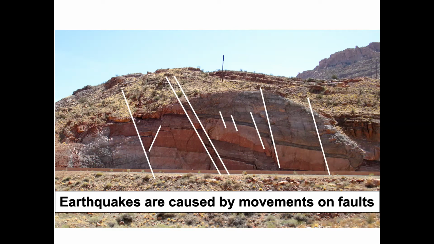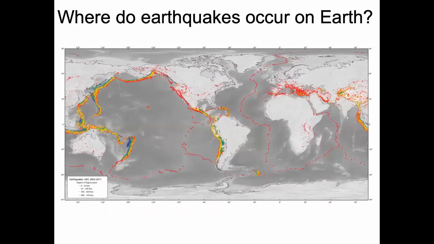Something else that was picked up quite nicely in that word cloud is that lots of you put in tectonic plates as causing earthquakes. If we look at where earthquakes are on Earth, which is what's shown in this diagram, they're color coded according to their depth. The red colors are shallow earthquakes, whereas the yellows, greens, and blues are deeper earthquakes within the Earth. We can see that earthquakes aren't distributed evenly around the globe.